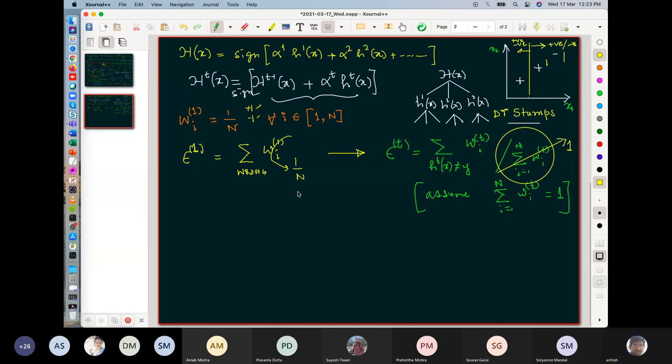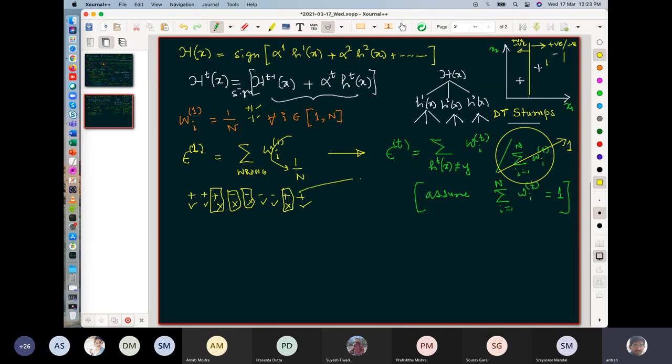Agreed? So I'm just saying that after a particular step, I get some hypothesis. How many points are wrong? So these may be the labels. I am saying this is correct, this may be wrong, this may be wrong, this may be wrong, this is correct, this may be wrong, this is correct. Then with respect to that, I am making error here, here, here, and here.